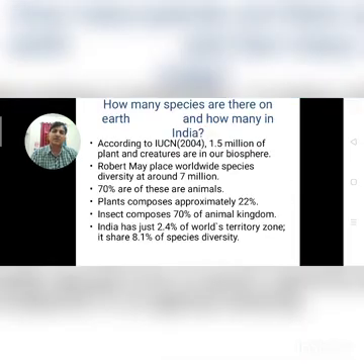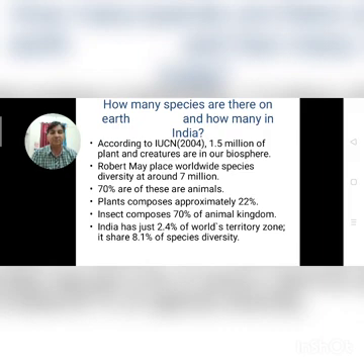So now the question arises, how many species are there on earth and how many in India? The data is quite old. You can search for the new data. According to the IUCN, in 2004, 1.5 million plants and creatures were present in our biosphere. These are all rough estimates.